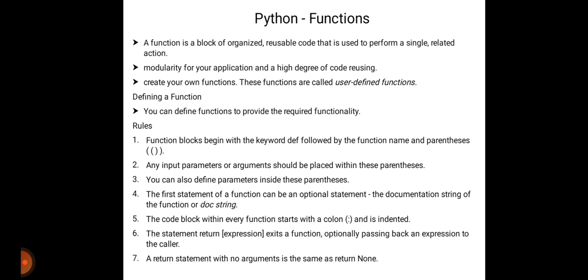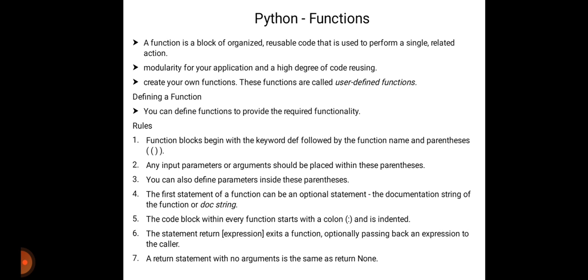First of all, function blocks begin with the keyword def, which is followed by the function name and parentheses. Parentheses are nothing but brackets. Any input parameters or arguments should be placed within these parentheses.